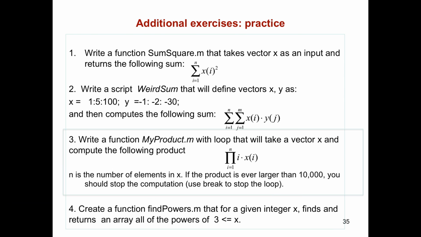This is the sign for a sum. You will get to practice these in your homework. And n here is the number of elements in x. You're also supposed to check if this product is larger than 10,000, then you have to stop the computation. In other words, break from the loop.